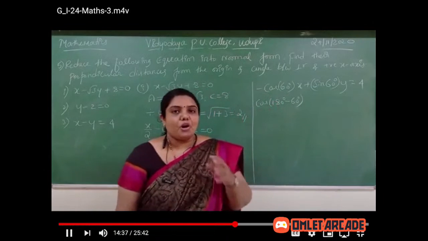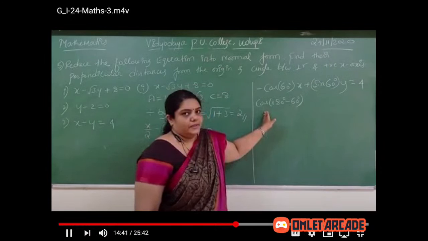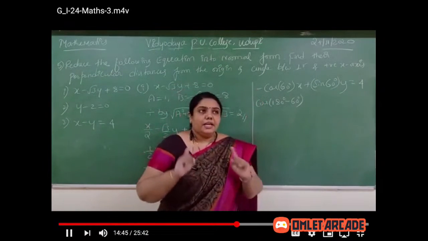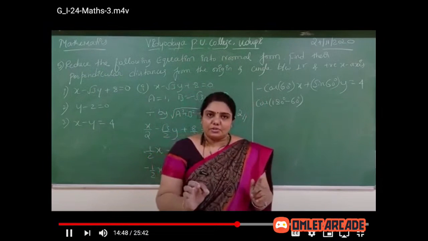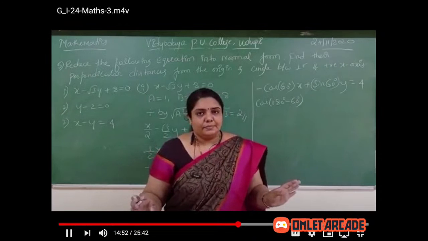See, if you are very strong with trigonometric concepts, then it will be easy for you to convert. Why am I converting this? Because the negative should not be there. Because in normal form it should be x cos omega plus y sin omega is equal to p. There is no negative there.